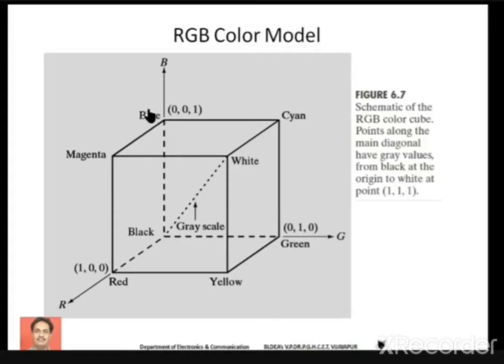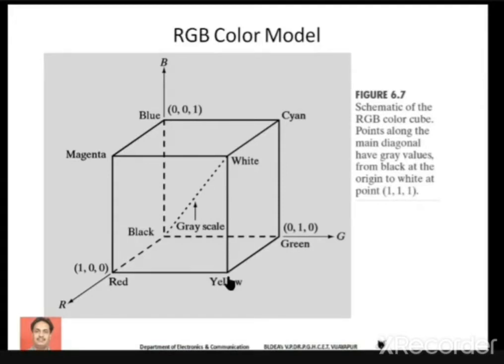So this corner of the cube, the mixture of blue and green, we call cyan. And this corner, the mixture of red and green, we call yellow.